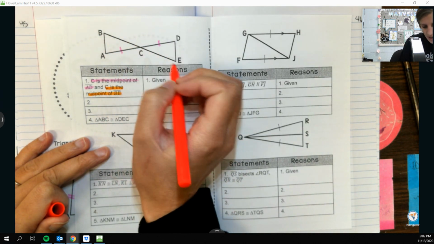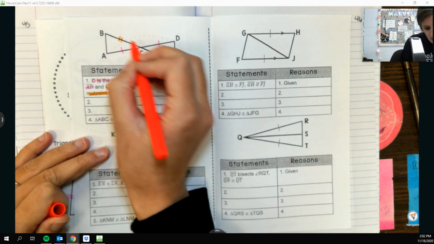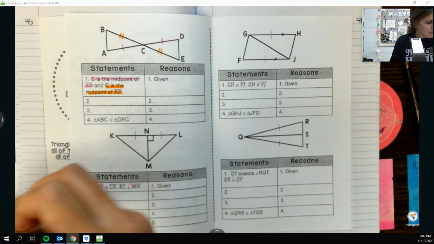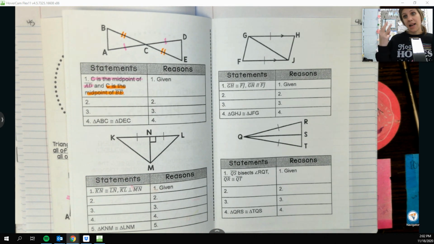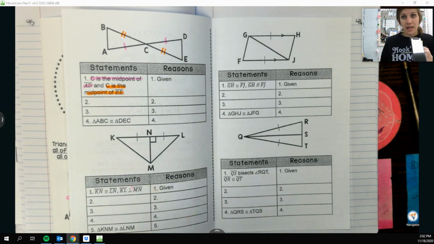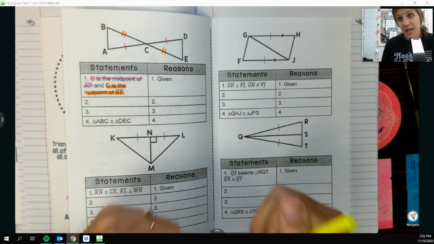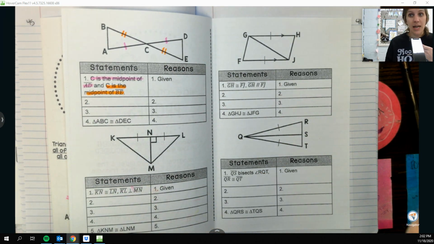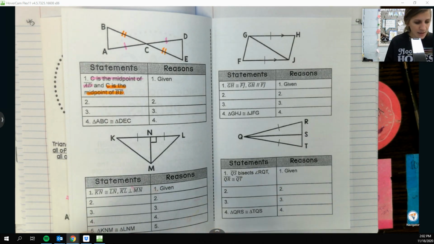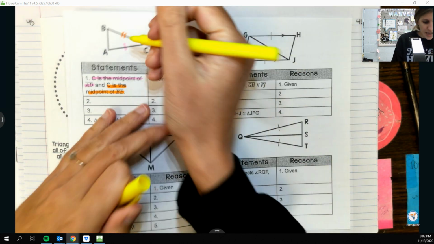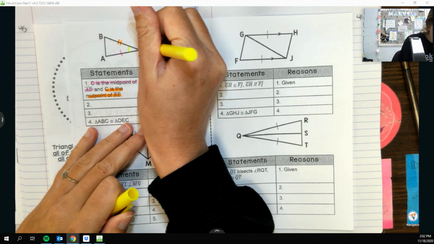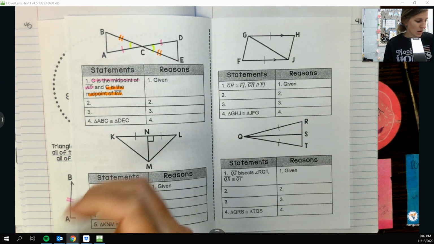So C is also cutting that line in half. But again, that's only two things. I need three things if I want to use one of my side angle side shortcuts. So hopefully my picture will give me a vertical angle or a reflexive property thing. And because I have two lines crossing in this picture, we can get that vertical angles are equal.